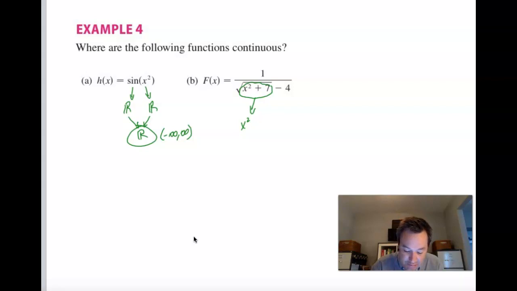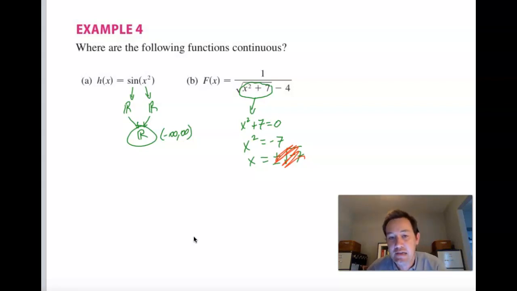So I'll set that equal to 0 to see if it's even possible. But in this case, you would end up with x squared equals negative 7. And again, you end up with imaginary numbers that we don't use in calculus. So no worries there. There are no values of x that would possibly make that radicand negative.